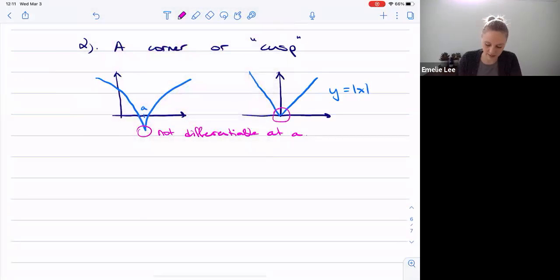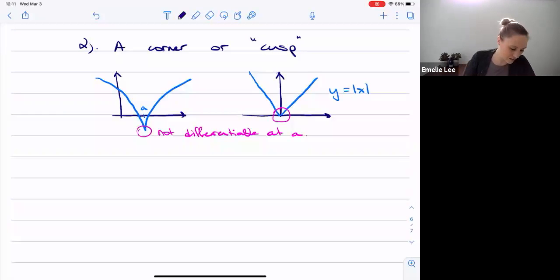We're not differentiable here. Same idea, slope of the tangent line, it can only touch that one point, and it has to be a straight line. But again, there's nothing to hold it steady. So those are things to keep an eye out for, right? Where is it not differentiable?